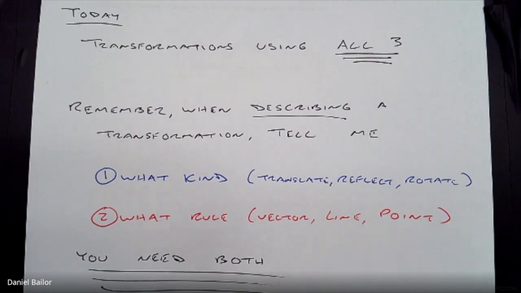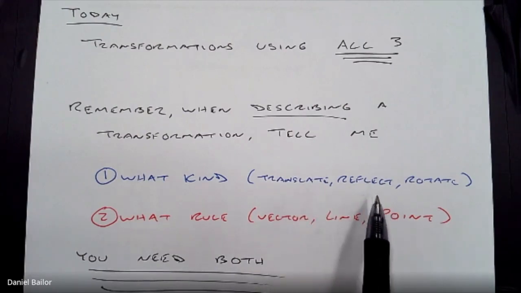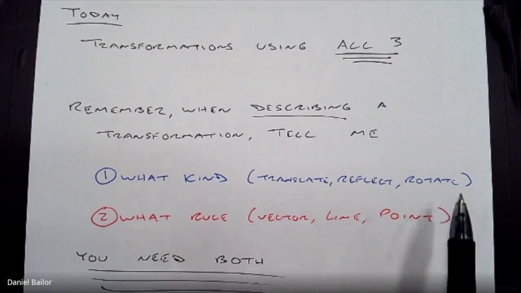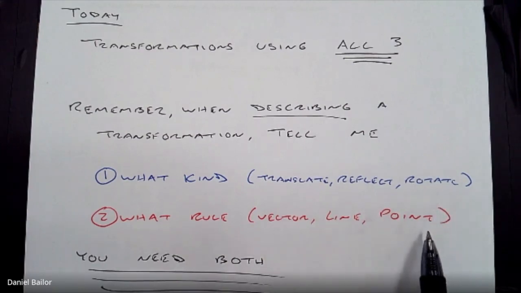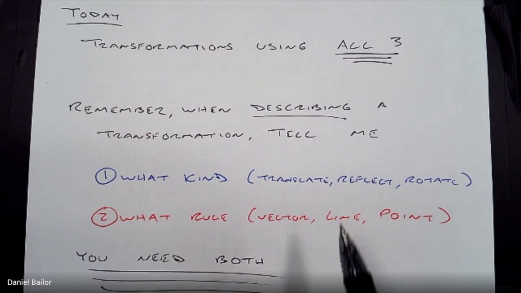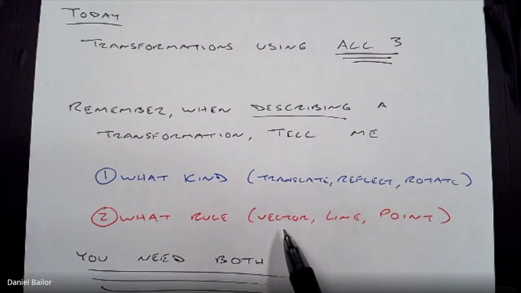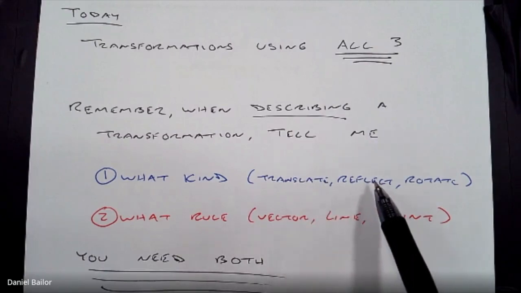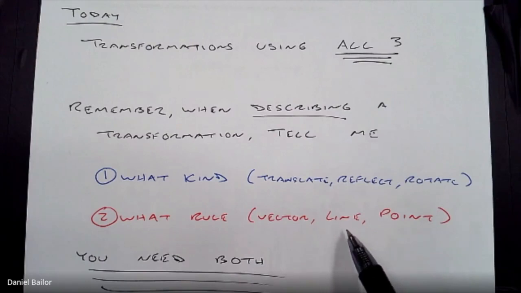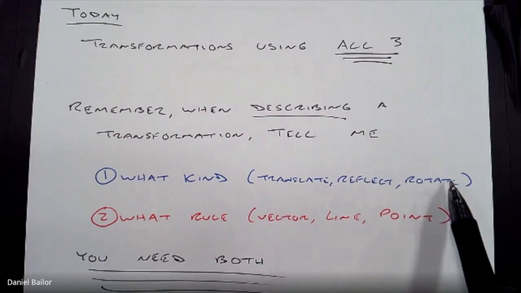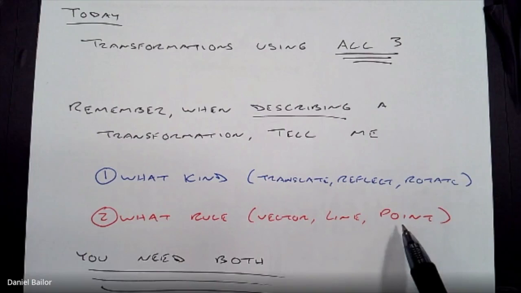And then you also have to do part two. You have to tell me what rule the person followed. So you say they translated with this vector. They reflected over this line. They rotated around this point. So you need to tell me both parts. You need to say translate and name a vector. You need to say reflect and name the line. Or you need to say rotate and name the point.